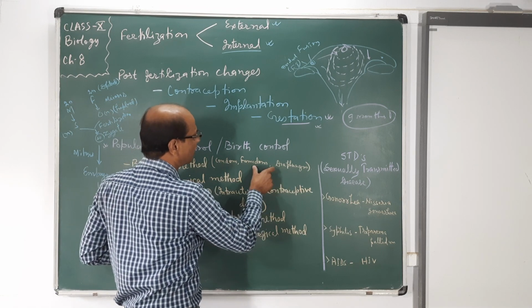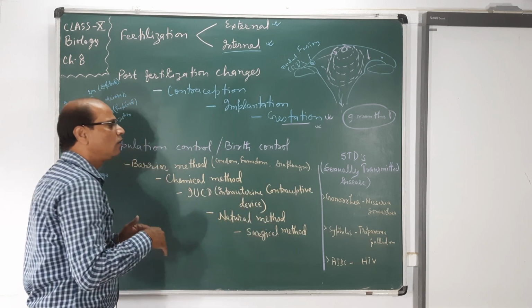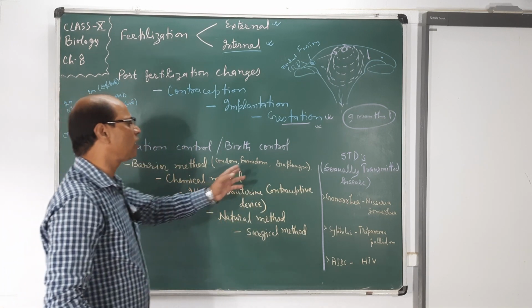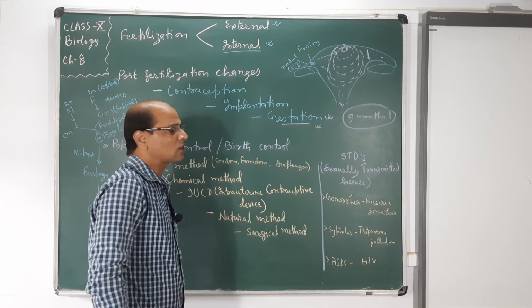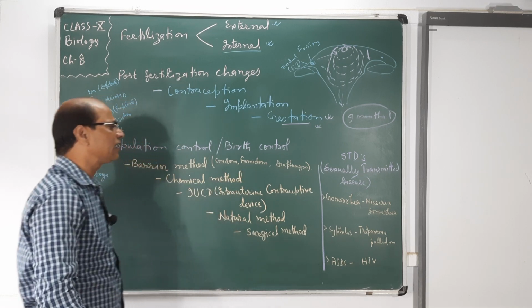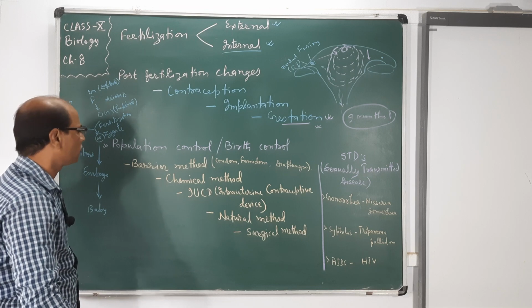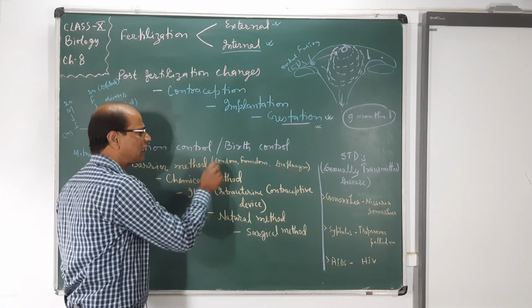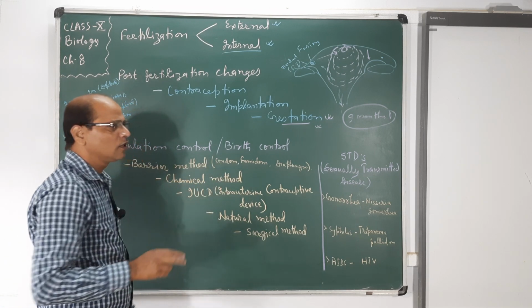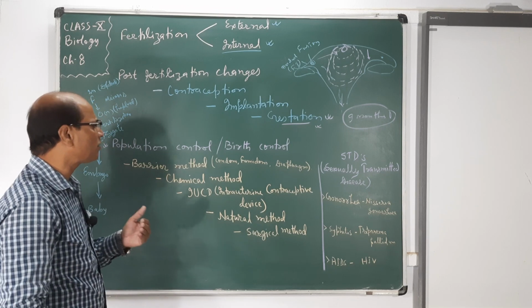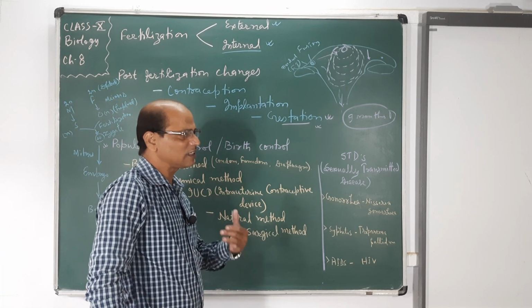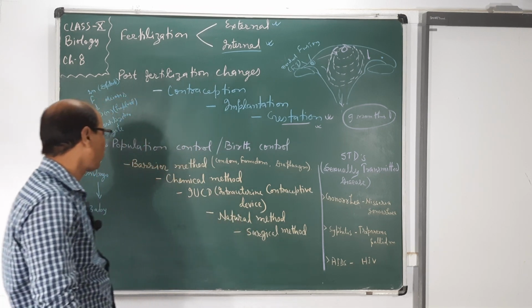Femidome and diaphragm are the two types of barrier methods used by females during sexual intercourse. They use these in their reproductive organ. So this is the barrier method, which is really safe, does not allow any type of disease transmission, and also controls the population.